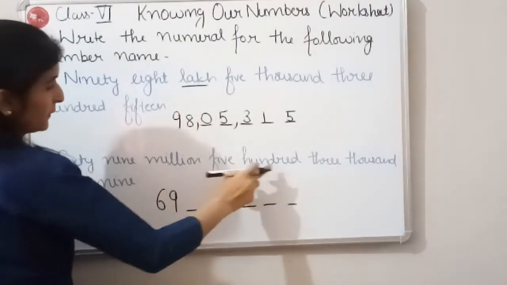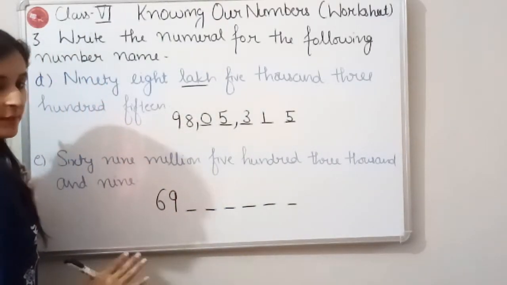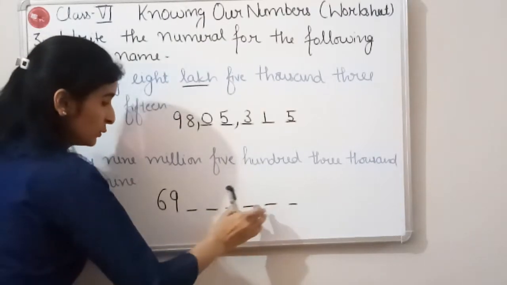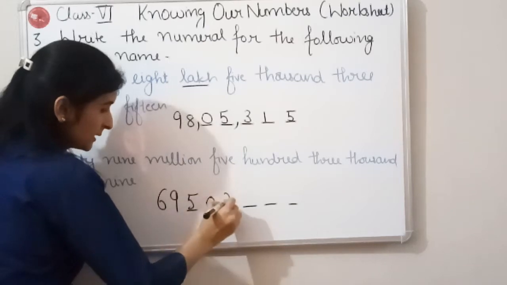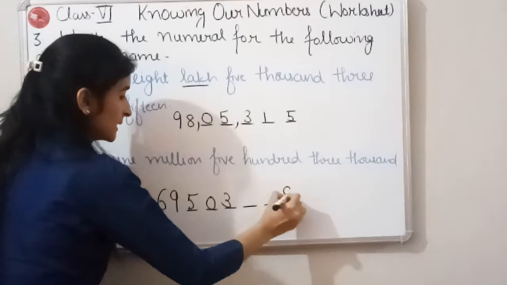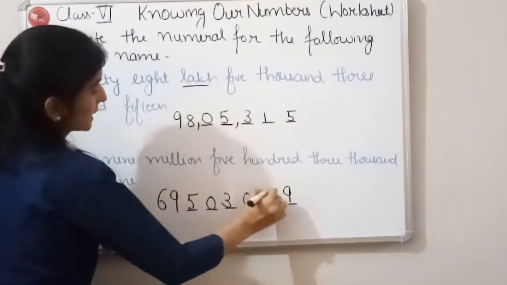Then 503,000. It means after writing 503 there should be 3 more digits: 1, 2, 3, and then we have to write 503. And at the last there is 9. Okay, and the remaining space we will fill with zeros.